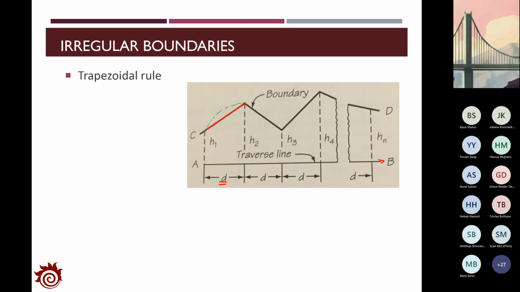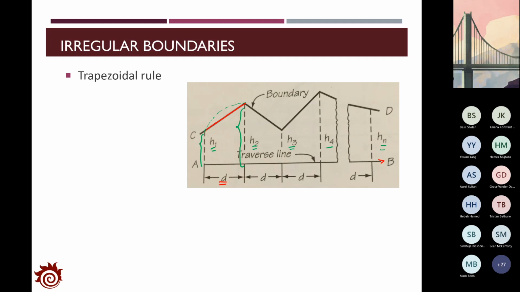Then we measure the heights at the two endpoints of each interval. Say for the first interval, on the left is h1 and on the right is h2. You can also find the heights of all the other points, h3, h4, until you get hn. Then we can apply the trapezoidal rule.